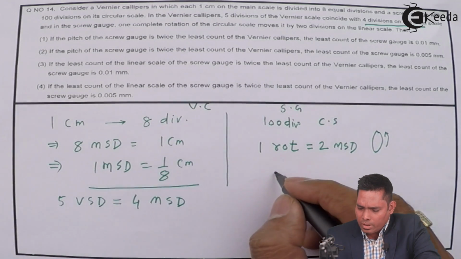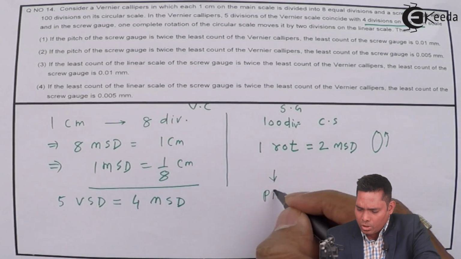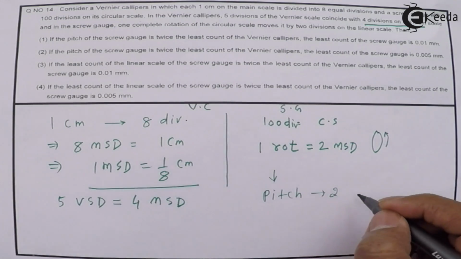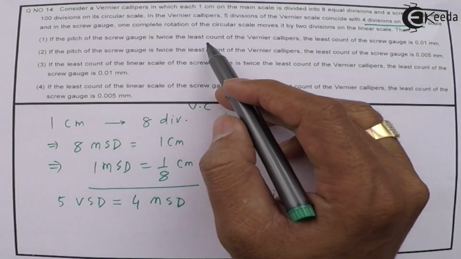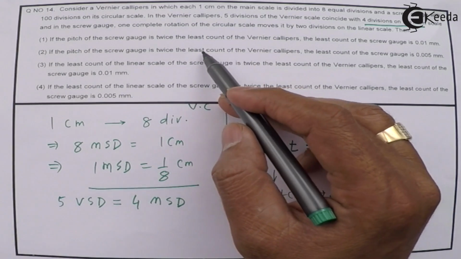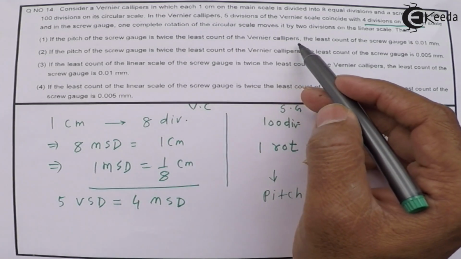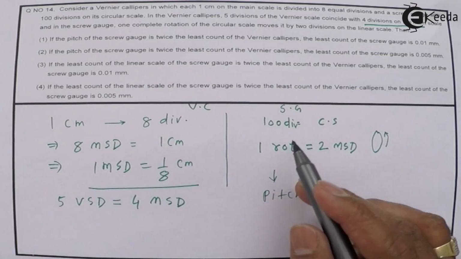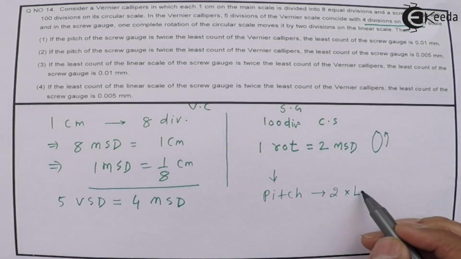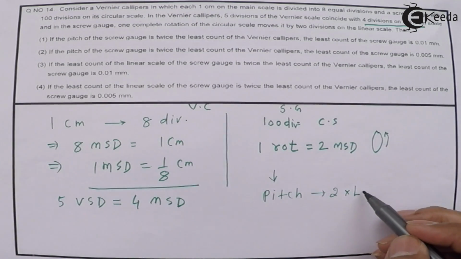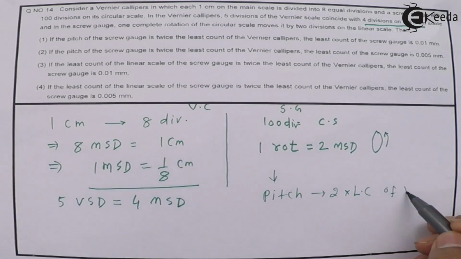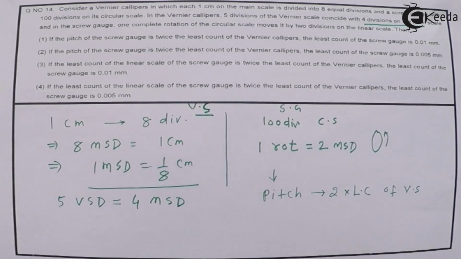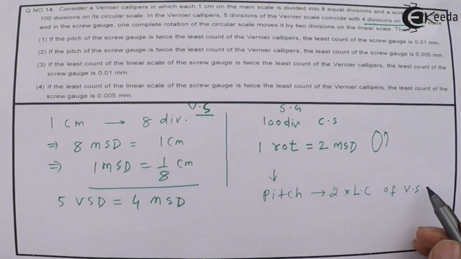First you will find the pitch. The pitch of the screw gauge is twice the least count of the vernier calipers.